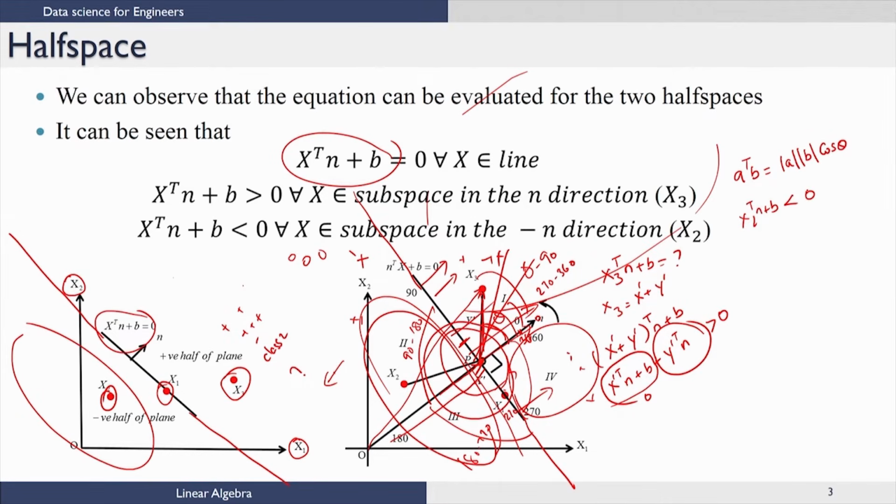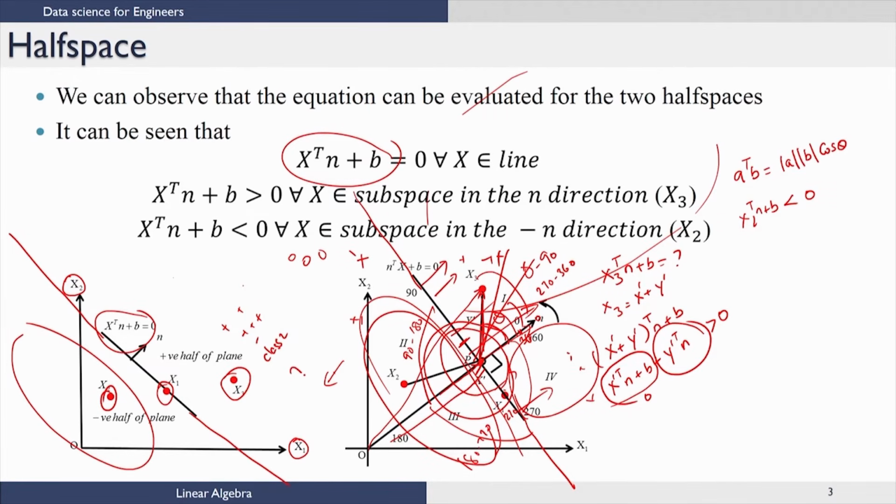So, this is an important idea that I would like you to understand. What this basically says is the following: if you were to simply take any point that I give you and then I evaluate x transpose n plus b, if that point is on the side of the normal half space, then x transpose n plus b will be positive, and if it is on the half space in the opposite side, then it is going to be negative.